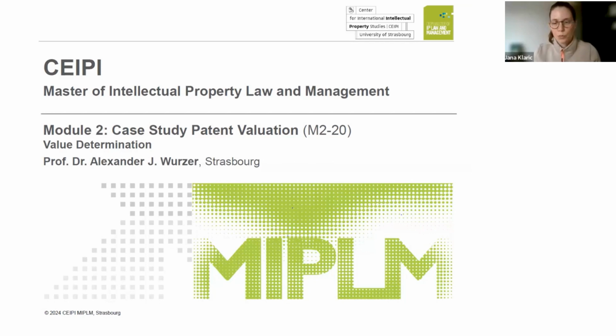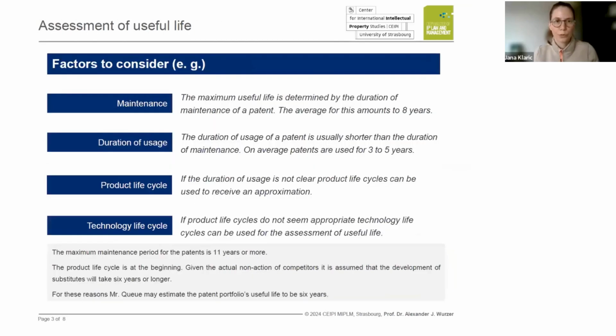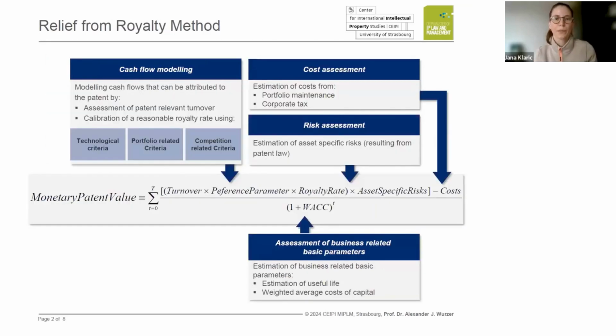The method that should be used in this matter is the relief from royalty method. The equation is set out on this slide, and you can see that there are multiple parameters taken into account. For example, the turnover, then the reference parameter in relation to cash flow modeling.